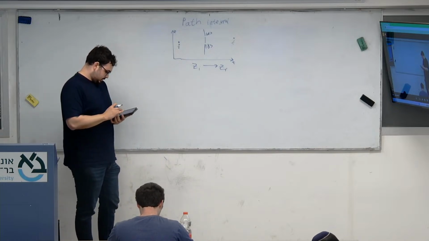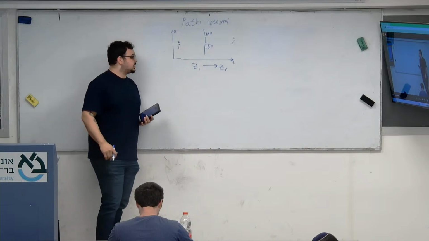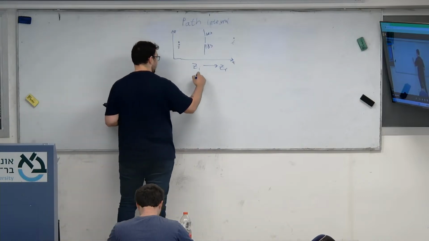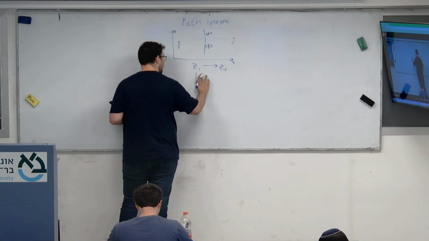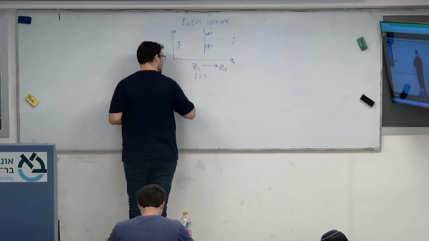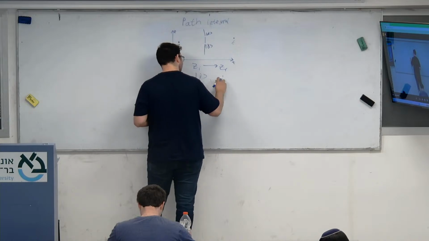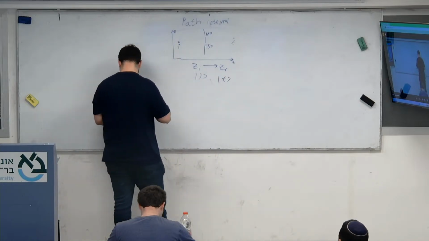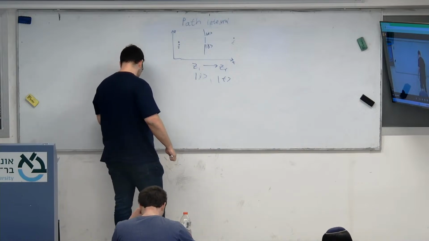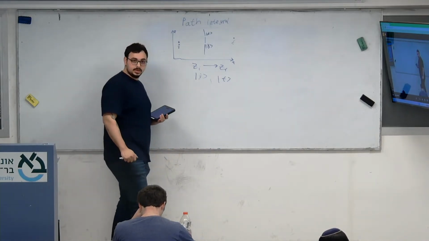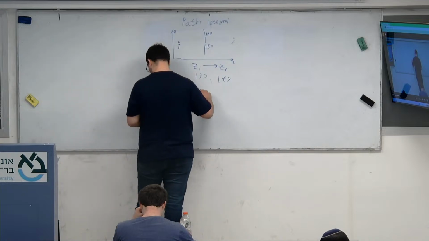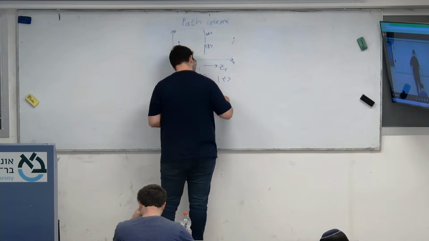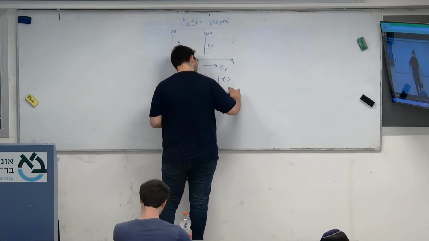Let's denote the initial state with the wave function I, and the final one with the function f. And we are interested in the probability P_i to f, which is equal to the absolute value squared of I.